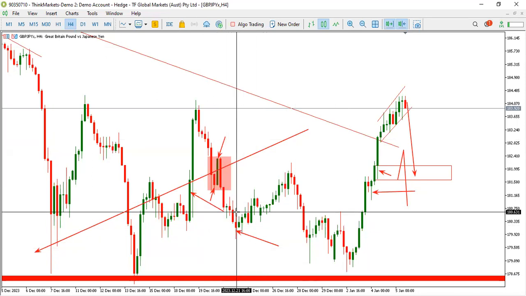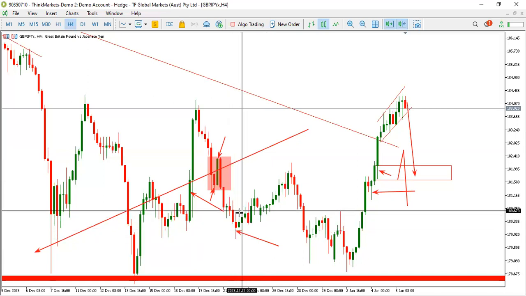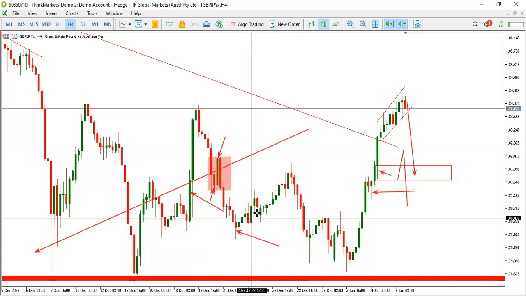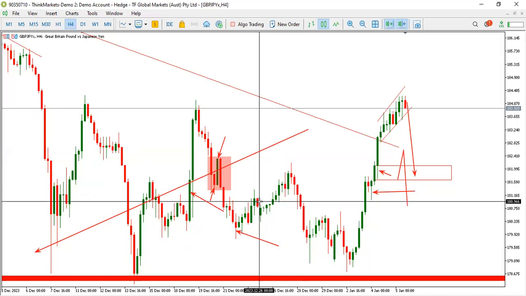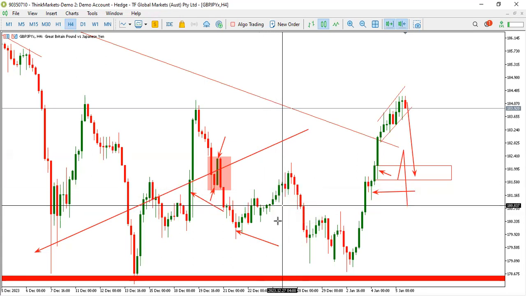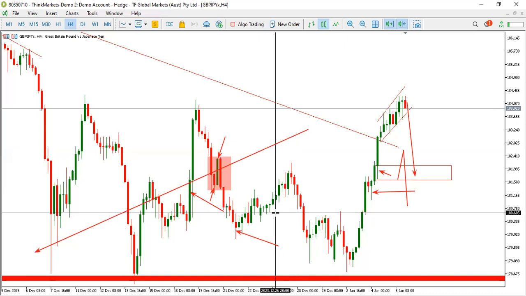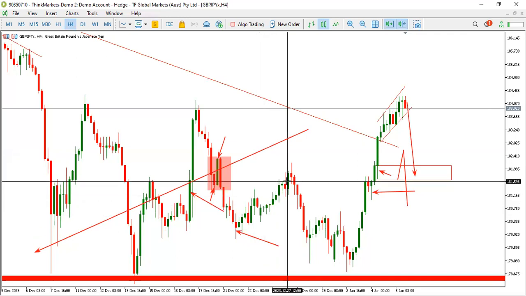We started creating rejections with smaller body candles. Price kept on consolidating, and there weren't many orders for price to take out. So this price was moved by the small entities.